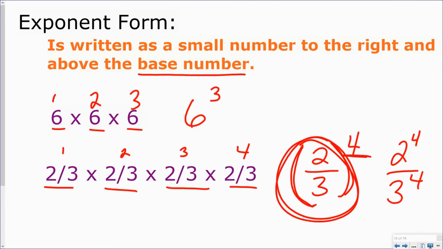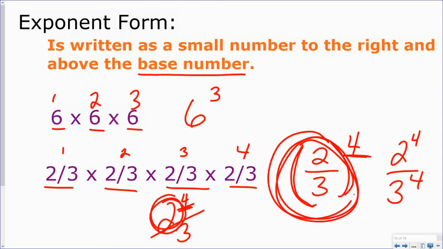But if I just write 2 to the 4th over 3, that means I'm just taking the 2 to the 4th power, and I want to take the entire fraction of 2/3 to the 4th power. So I'm either going to write it this way or I'm going to write it this way. This is probably the most common way that you're going to see it.